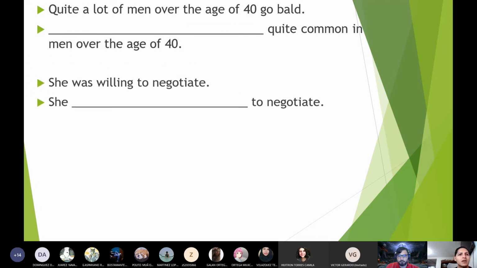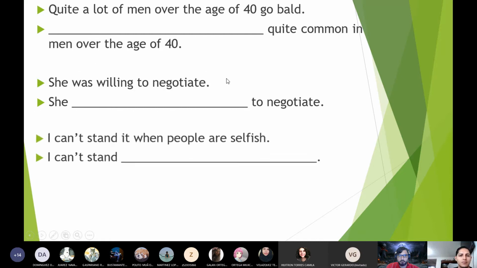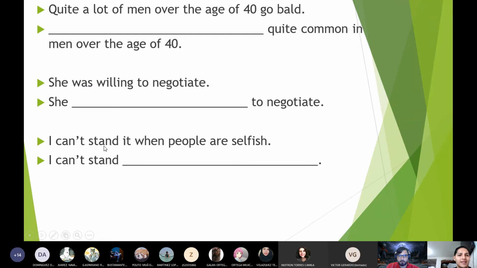Next. She was willing to negotiate. Sorry, I forgot to underline the adjectives. This one is bold. This one is willing. She was willing to negotiate. Go bold. I can't stand it when people are selfish. This is the word. I forgot to underline the words.